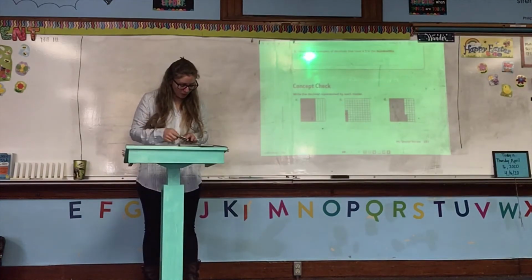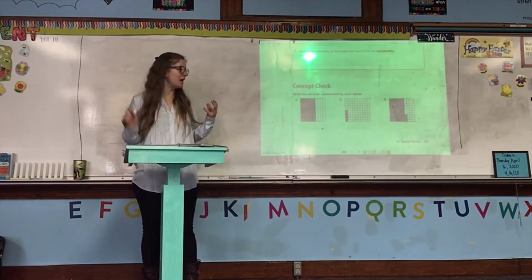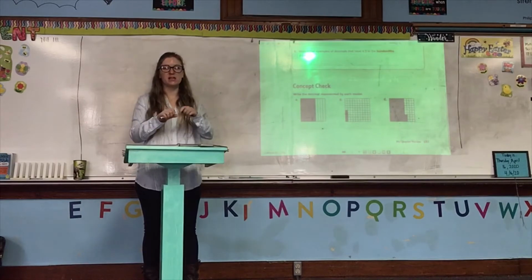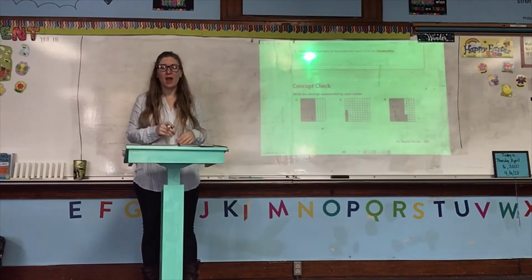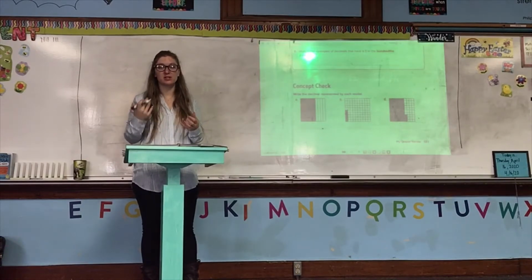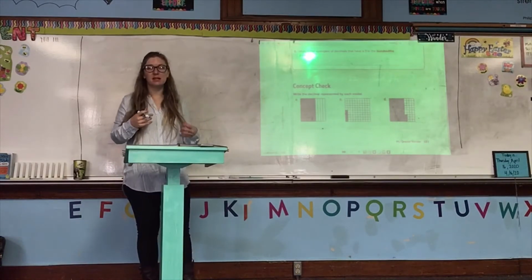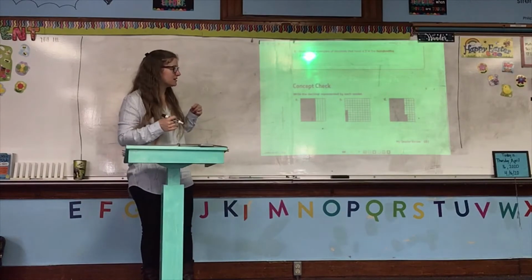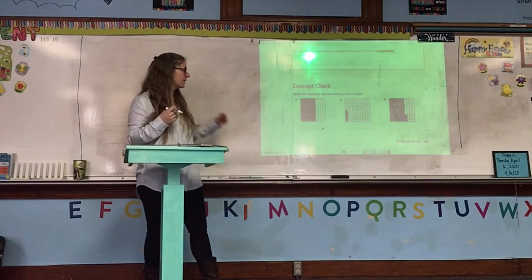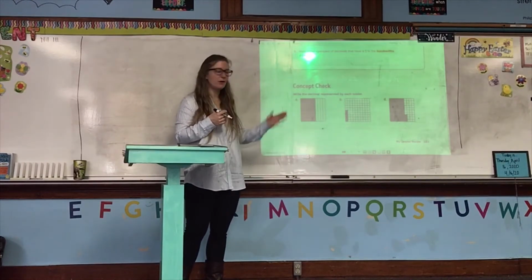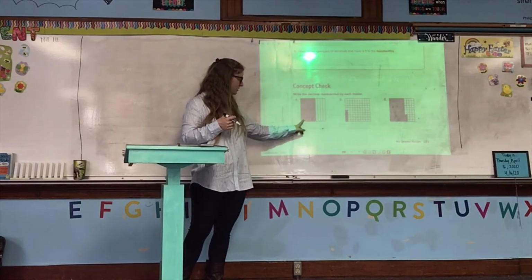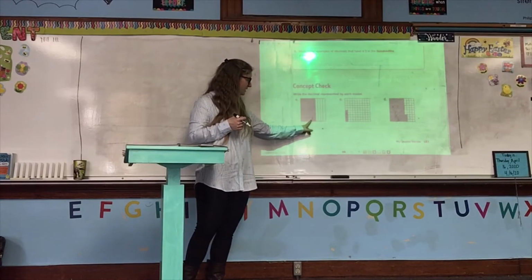For numbers 4 through 6, all we're doing is writing the decimal that is represented by each model. So we need to look at the models, figure out if it's broken into tenths or if it's broken into hundredths, and then name the decimal that the model is showing. So number 4, we can tell that this is a tenths grid. We'll go ahead and count just to make sure. 1, 2, 3, 4, 5, 6.